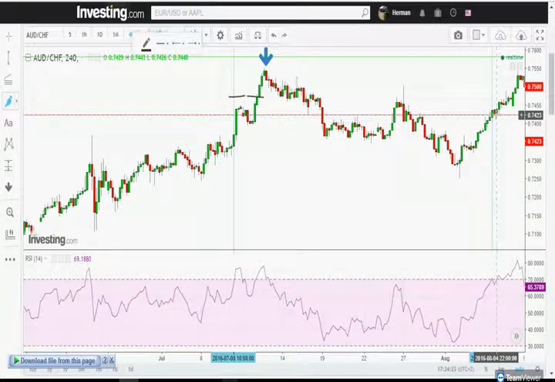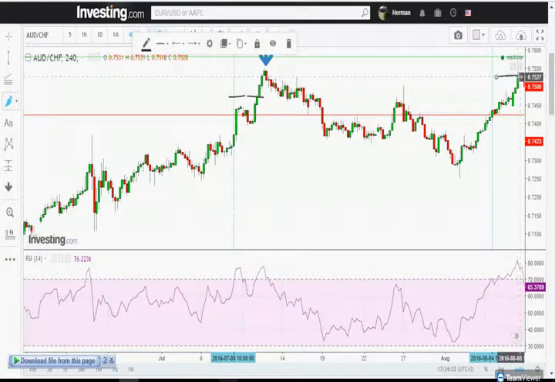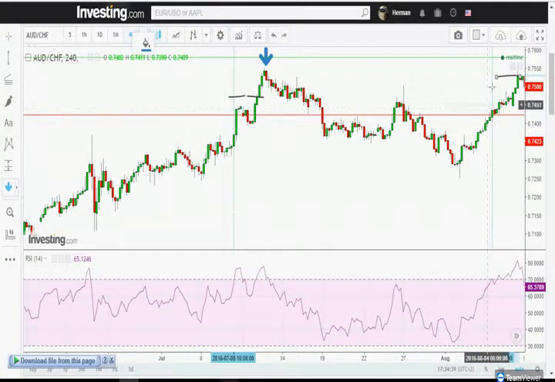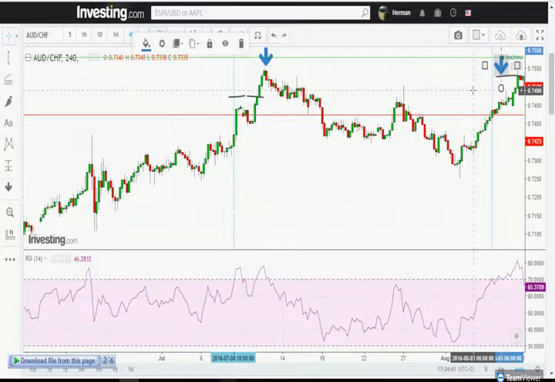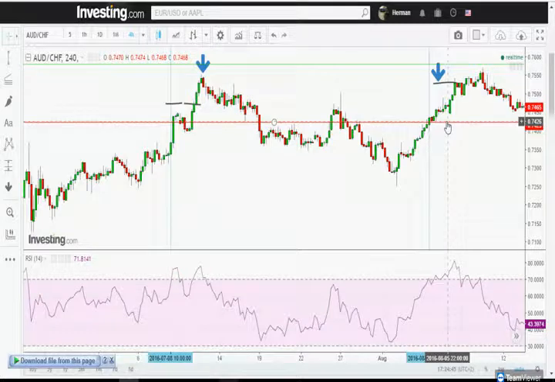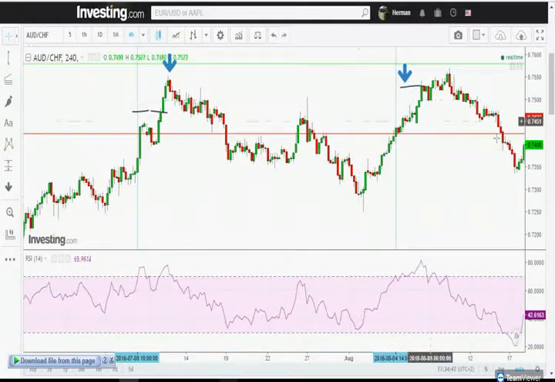So if it is 0.7423, we will place a sell at 0.7523, somewhere around here. So we place the sell, put this level as our take profit, then boom, take profit.